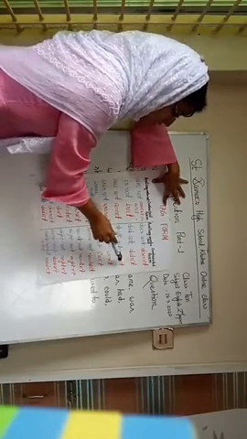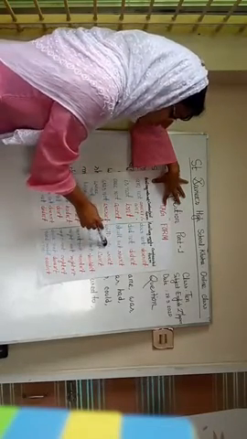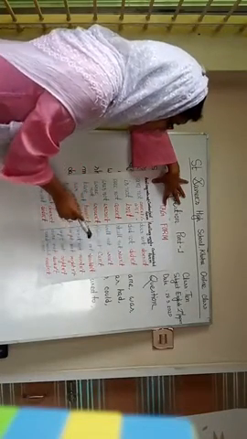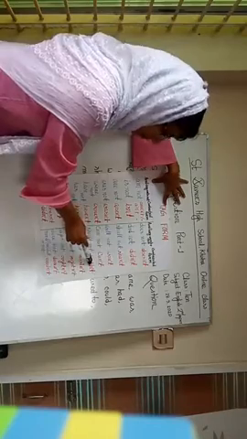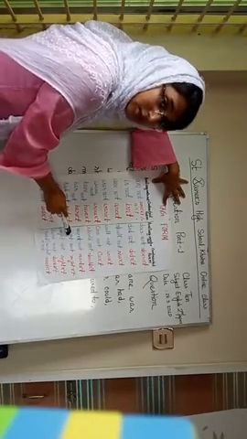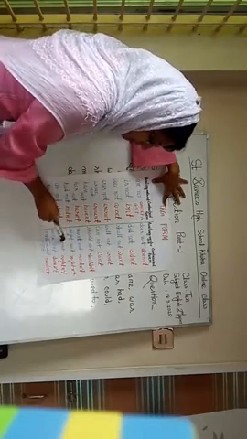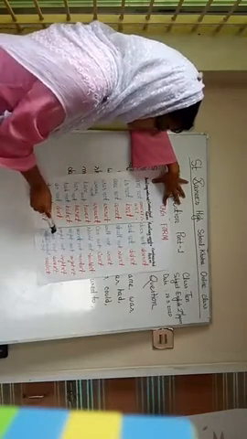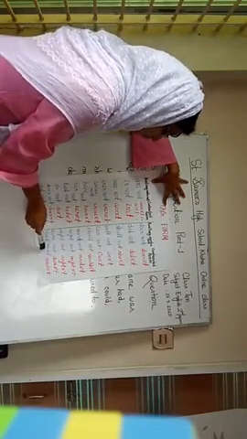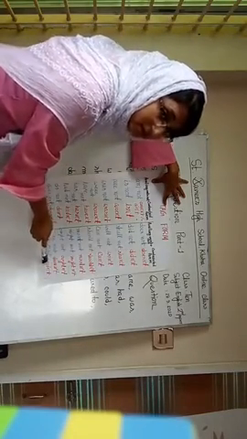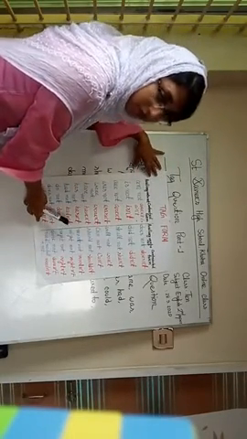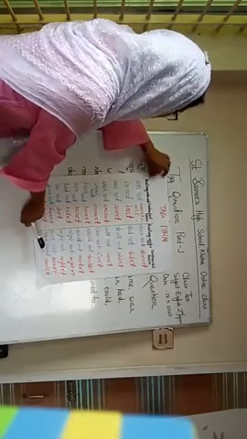Shall not, shan't. Will not, won't. Cannot, can't. Should not, shouldn't. Must not, mustn't. Might not, mightn't. Would not, wouldn't. Dare not, daren't. And need plus not, needn't. Okay? Is it clear? Please write it down. Please note it down, dear students.